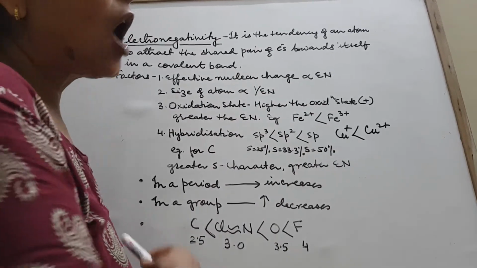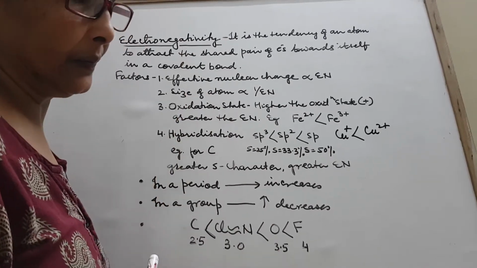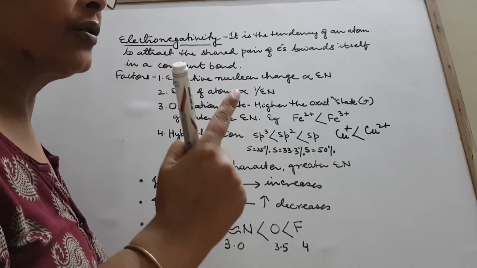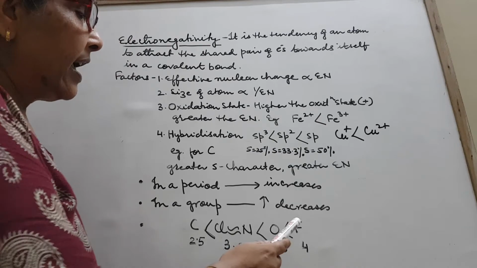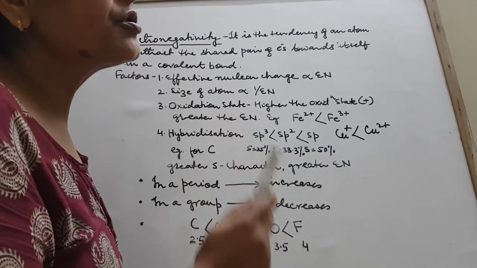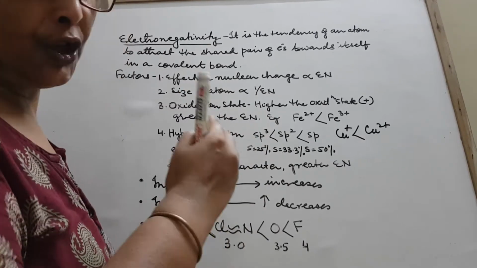Now children, out of all the elements known so far, we know halogens are the most electronegative. Out of those also, F comes on top. So F is the most electronegative element. Number two, we thought should be chlorine.